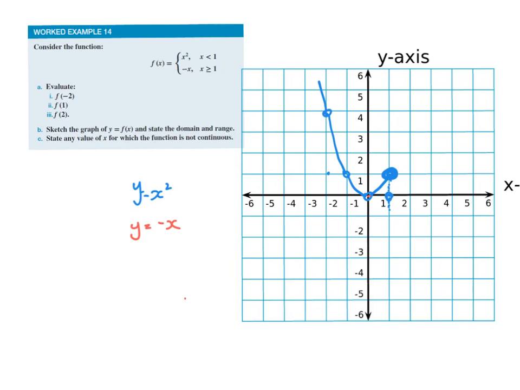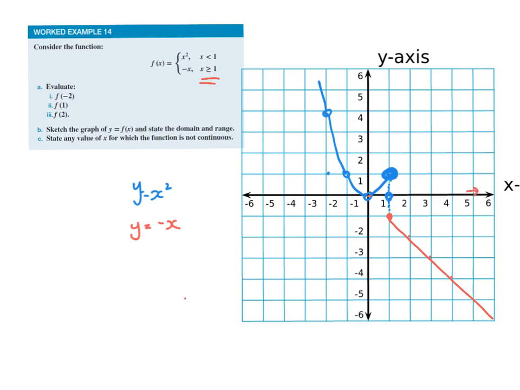Negative x means it's a negative 1 gradient. So here, here, here, here. Greater than or equal to means that 1 is a member of that graph, so we do a solid line there and continue where the domain is greater than or equal to 1.